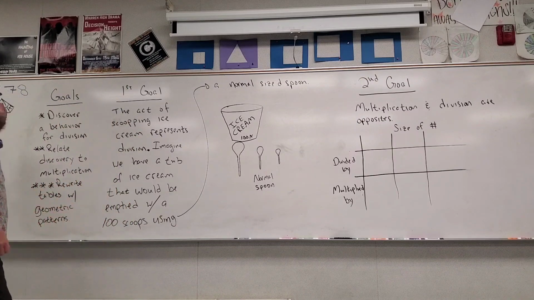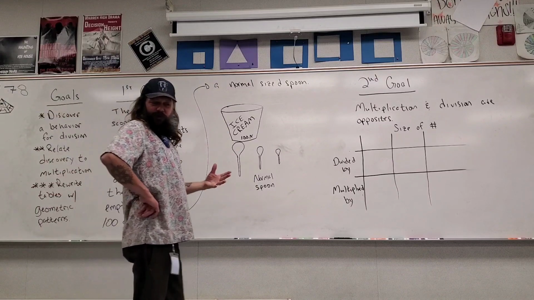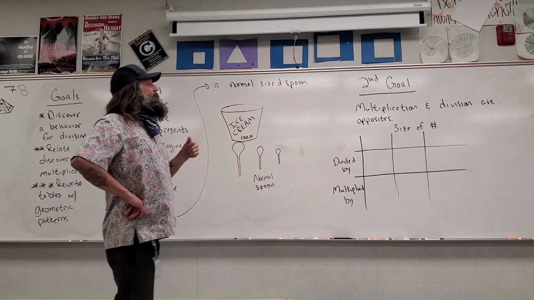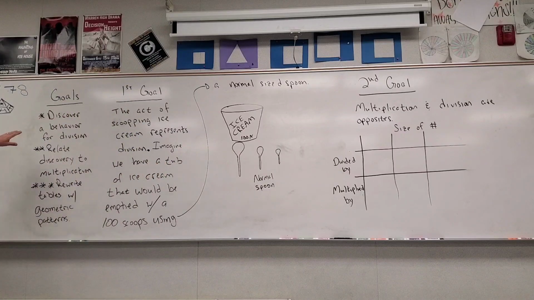So let's talk about our 3 goals today. Our first goal is going to be to discover a behavior for division. We have certain assumptions about division and multiplication. Maybe most of you do, some of you don't. I'm going to relate the discovery that we found on the behavior for division to multiplication, and then after that we're going to go back and revisit rewriting tables with patterns.